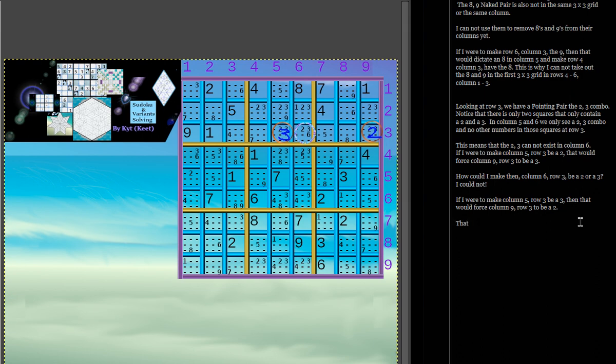That also forces column 6 row 3 to not be a 2 or a 3. This is why I can remove both the 2 and the 3 from column 6 row 3.